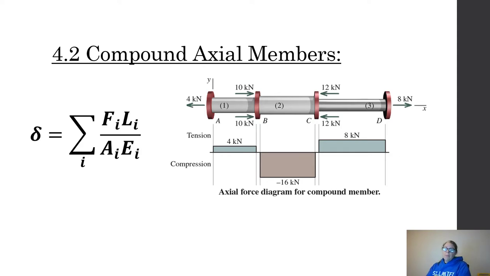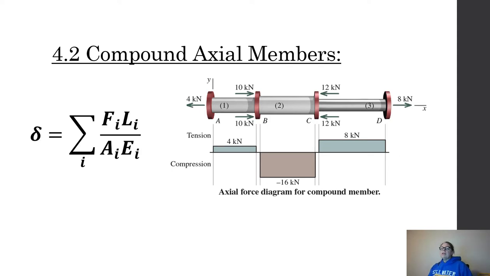And so that's where chapter 1 is very important, where you cut and you draw the free body diagrams and you're able to draw a normal force diagram, much like a shear or moment diagram or torque diagram, but it's the normal force. So I can now see I'm in tension for parts 1 and 3. That means my delta is going to be positive because I have a positive internal normal. I'm in compression for segment 2, which is negative, so that's going to be a negative stress, a negative P over A. My delta will be negative.